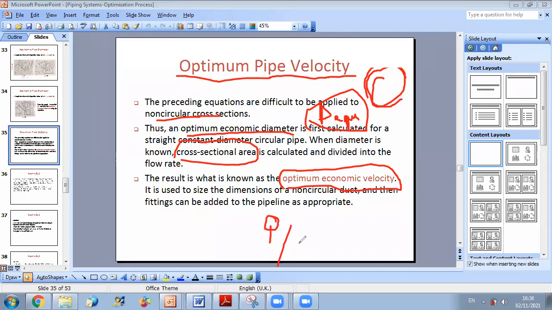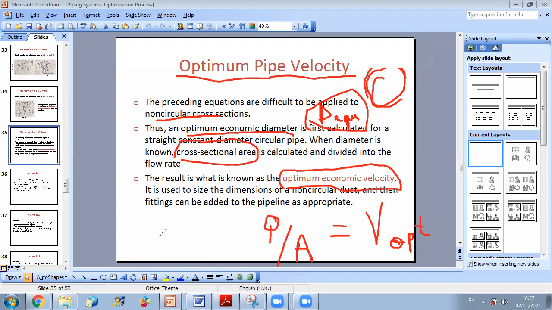I divide by the corresponding equivalent cross-sectional area, and I get what is called an equivalent velocity. So now instead of talking about an optimal diameter, I talk about an optimal velocity. Once I determine the optimal velocity, I can deal with the cross section of my geometry, and I don't have to consider it as circular.